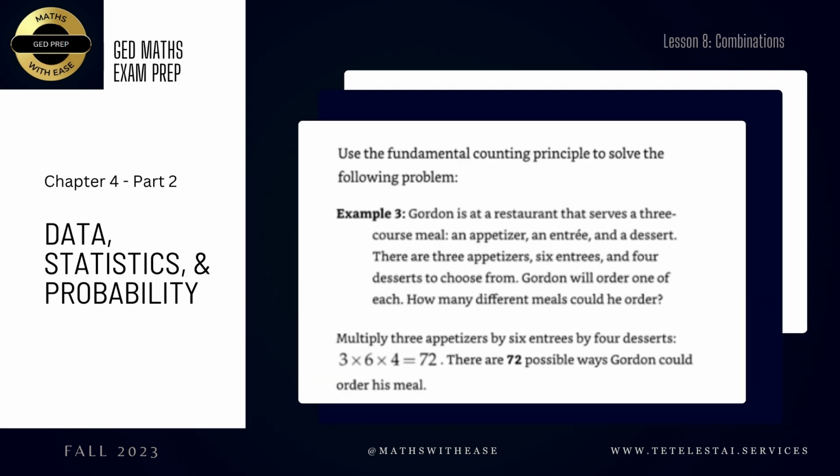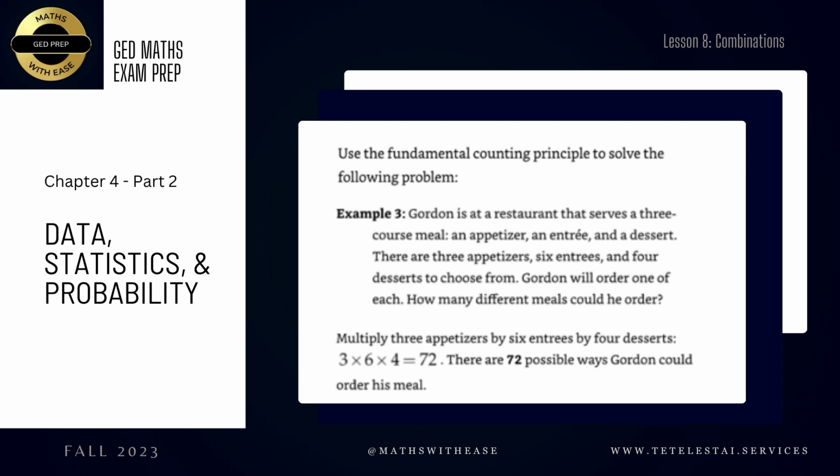This example is asking us to use the fundamental counting principle to solve the problem. Gordon is at a restaurant that serves a 3-course meal, an appetizer, an entree, and a dessert. There are 3 appetizers, 6 entrees, and 4 desserts for him to choose from. Gordon will order one of each. He's decided that he's going to order one of each.